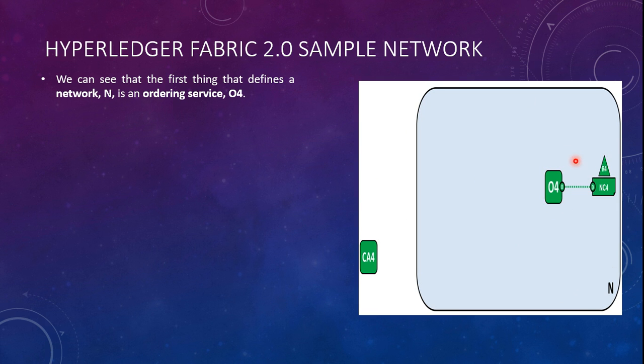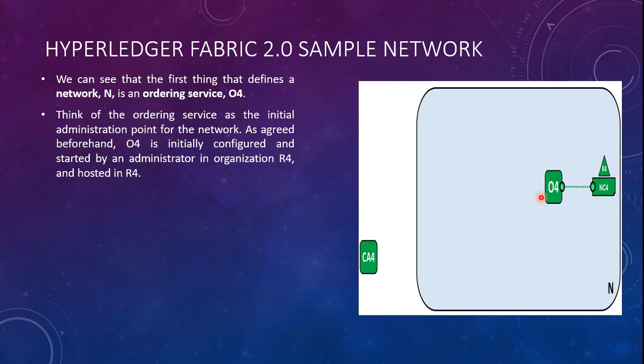And together we have, starting with, an ordering service which is called O4. This organization R4 is there, and the ordering service is the initial administration point for the network. So O4 is initially configured and started as an administrator in an organization R4 and hosted in R4.